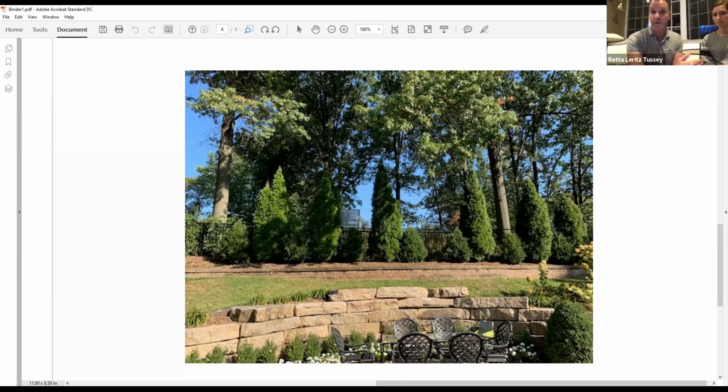What we have said we would be okay with is moving this back to where it would fit within compliance, both on the yard setback and also not extending beyond 5 feet of the principal residence, which would mean they had to move it 20 feet in from the property line. With that, we are okay with the property that they are constructing.